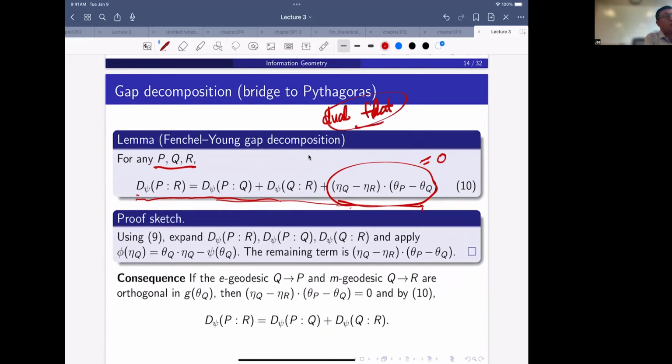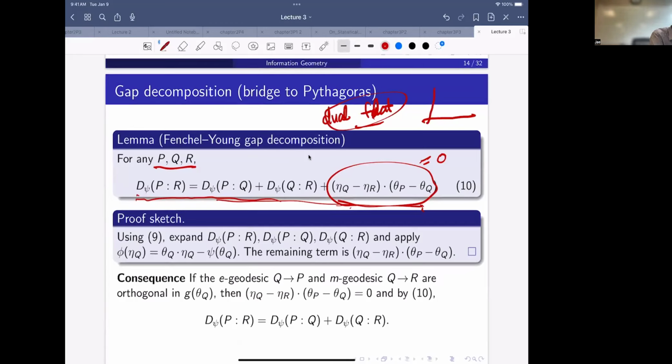Remember when we talked about projection last time, week one, there's an M-flat, E-flat, right? So what do we mean by flat? It's a kind of linear affine space.